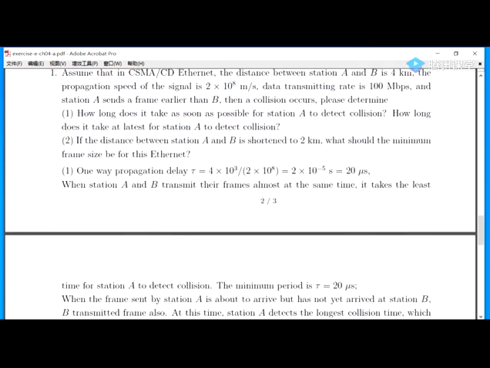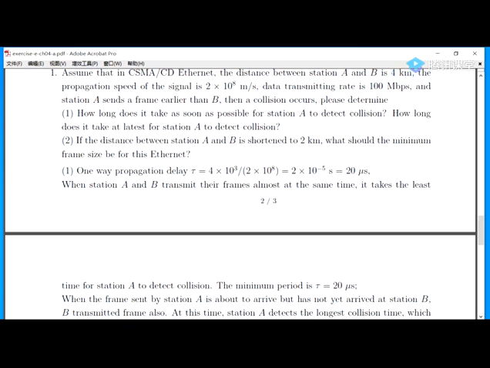So it is not very complex. I will analyze it. First, we know the longest distance between station A and B is 4 kilometers.